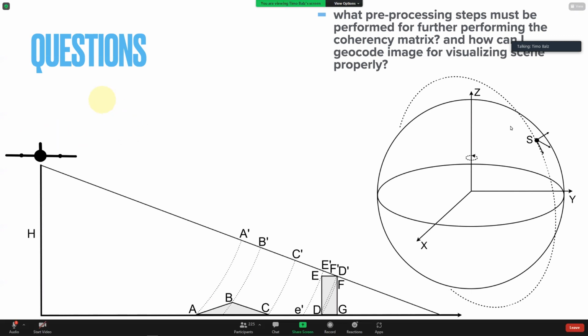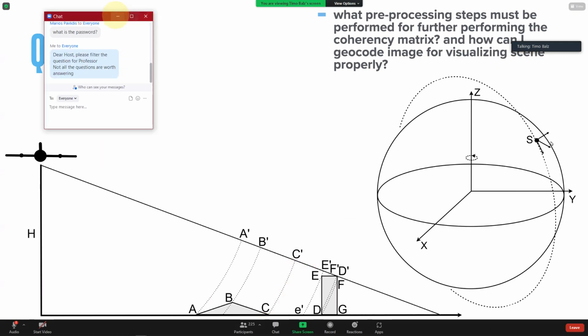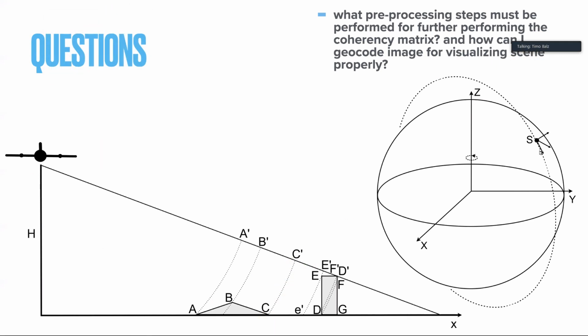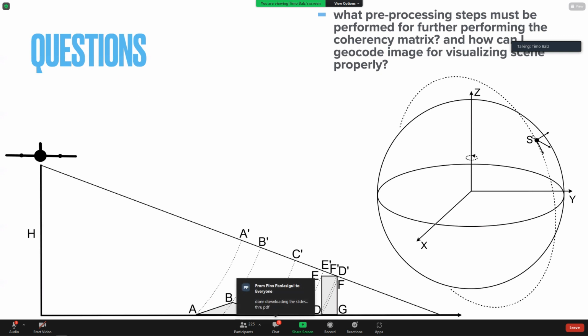We know the direction the satellite is looking at. So the positioning in the azimuth direction is mostly dependent on the quality of your orbit data and the quality of your timing data that you have.